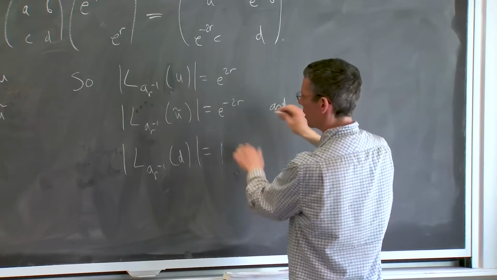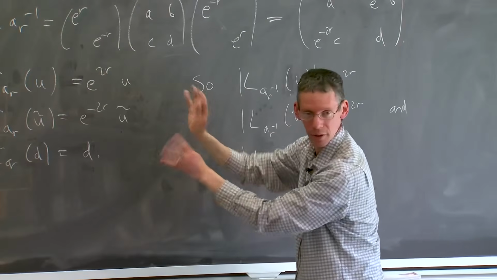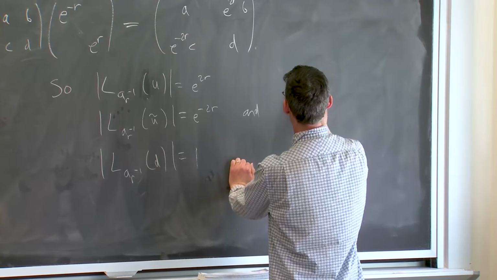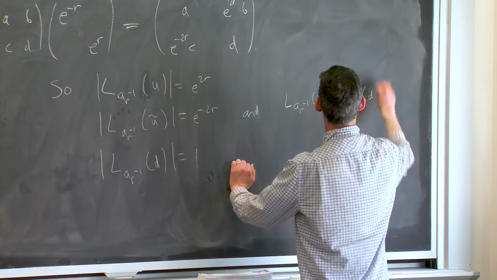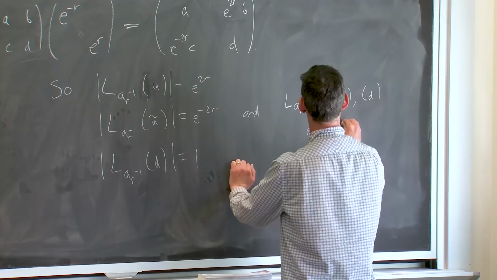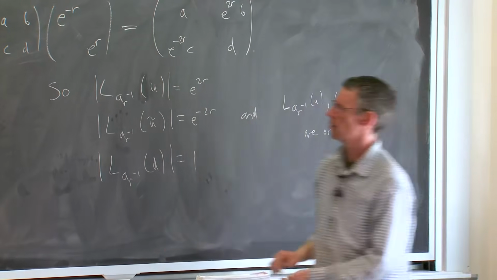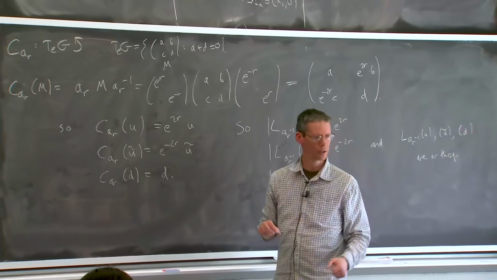And it also preserved angles. Right? So we just stretched things, but we didn't tilt anything. So L sub A_r inverse of U tilde and of D are orthogonal. So this describes how the left action by this matrix is distorting the geometry of the space.